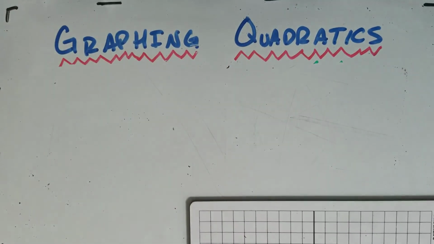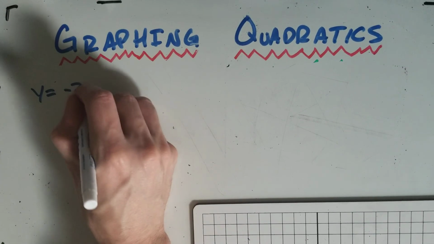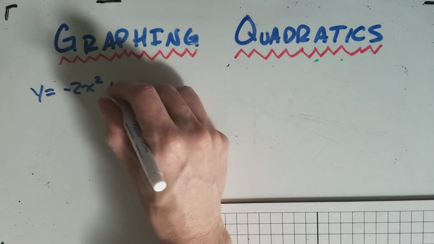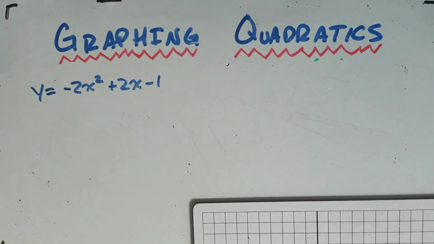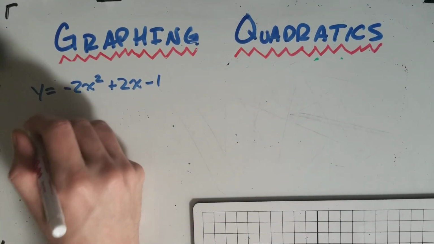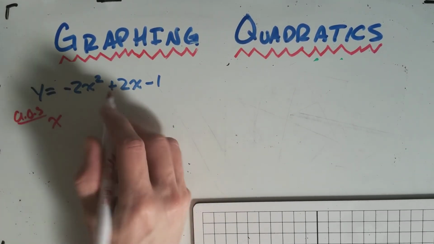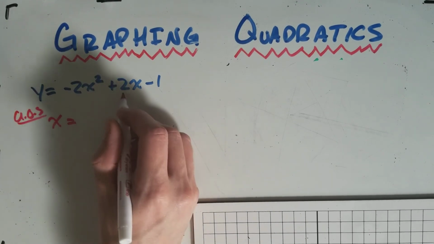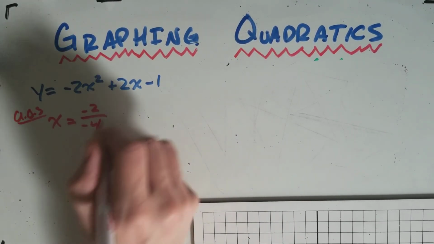Alright, our second example, we have the function y equals -2x squared plus 2x minus 1. Alright, first step, let's find that axis of symmetry. So axis of symmetry is going to be x is the opposite of b, which is -2, over 2a, which is -4.